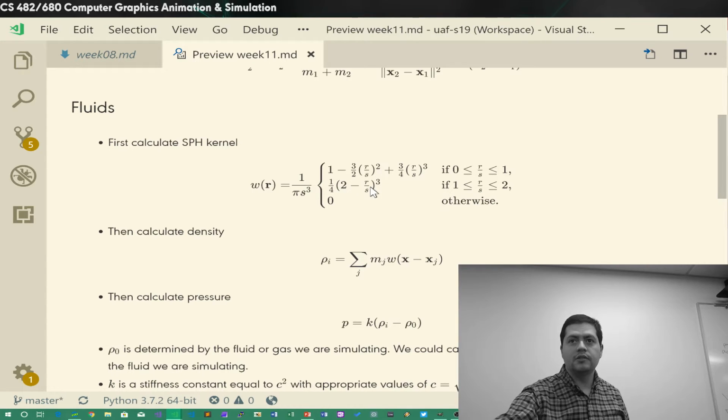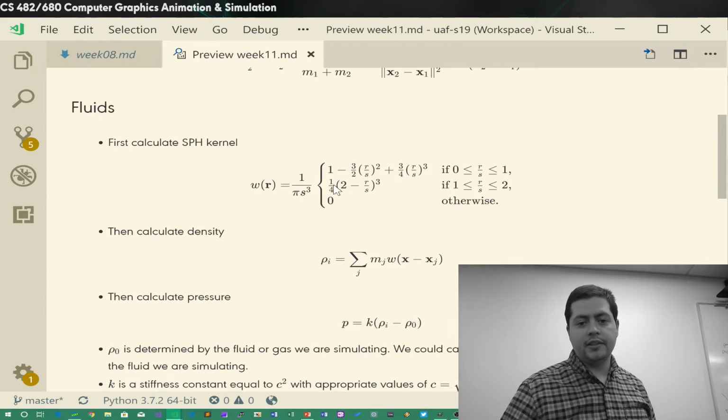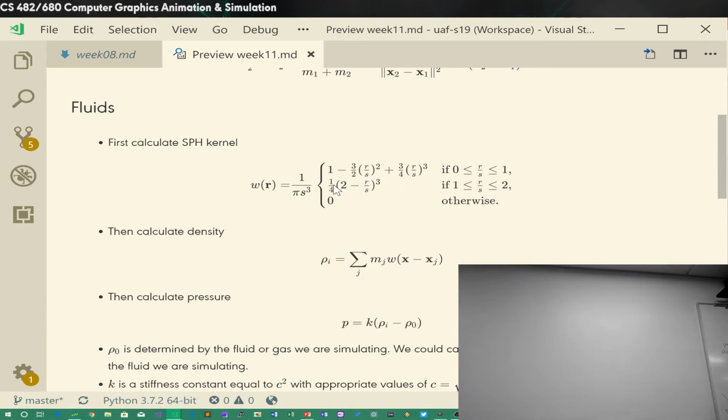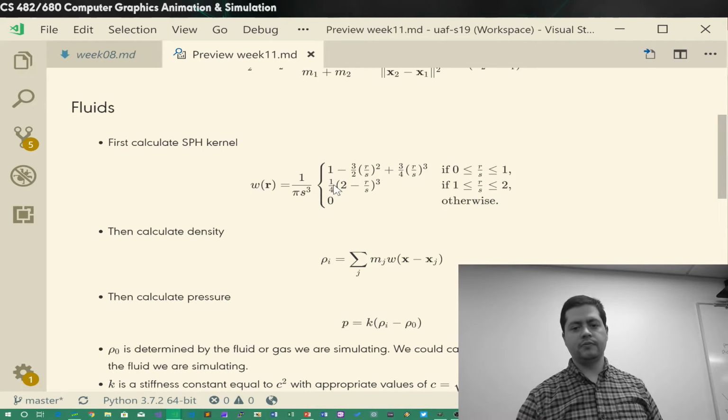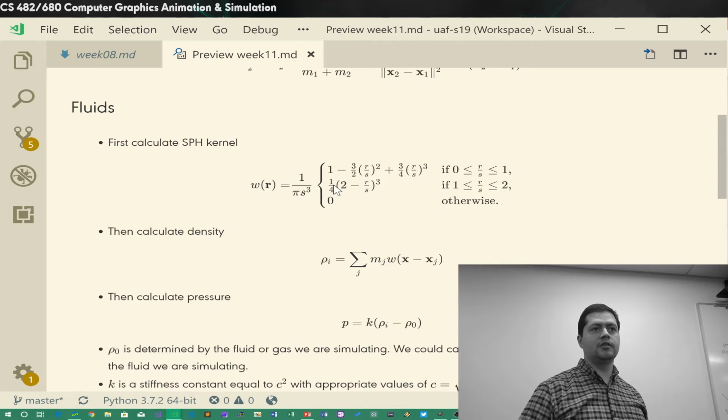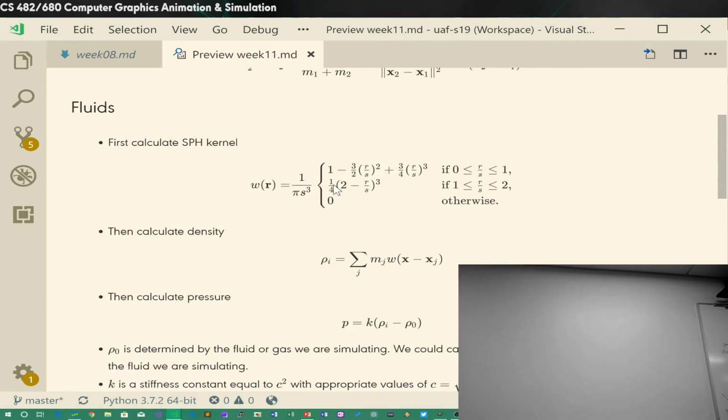Then 2 minus 2 is 0, okay? The outside one is 2S, this is S. So J is outside, so it's going to be some value between 0 and 1/4. And if we had another particle inside here, then that should be between 1/4 and 1.